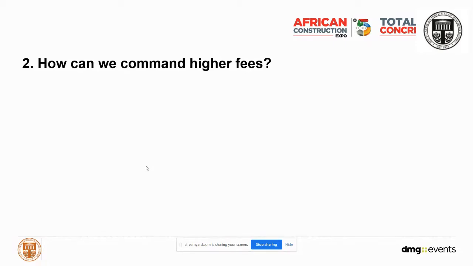And part of the reason why we've been able to command higher fees is because we've done the work of educating our market. And the second point looks at this particular question, which is, how can we command higher fees? I've already started to talk about part of it, which is we need to educate the market.